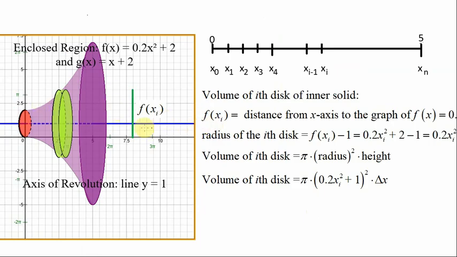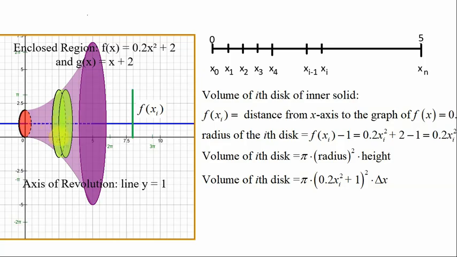And this is the inner solid of revolution. Again, to find the volume, we would divide this solid into many slices, and this is one of the slices. Let's call this the ith slice, and it comes from this ith subinterval right here. This would be x sub i minus 1, and this would be x sub i.